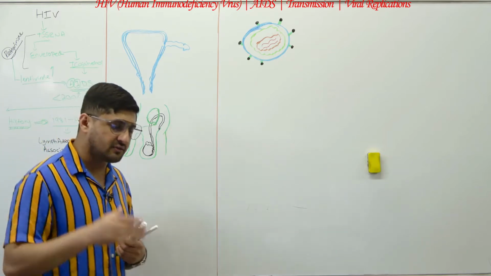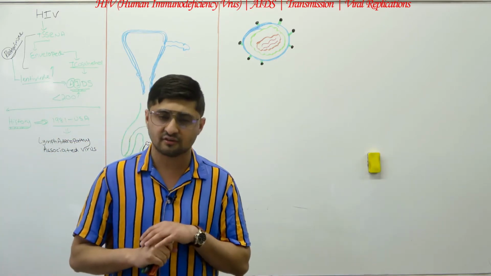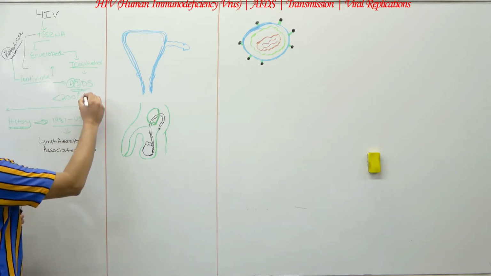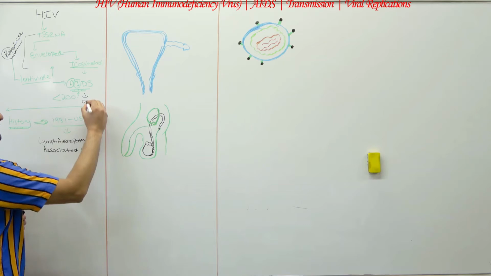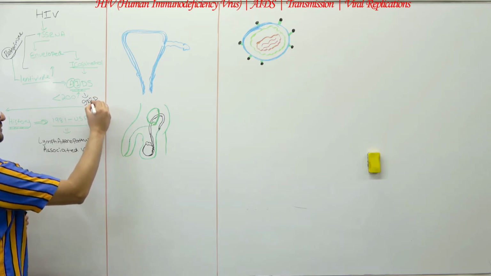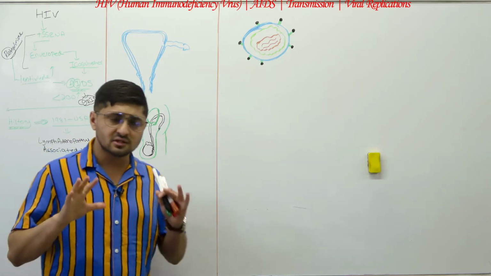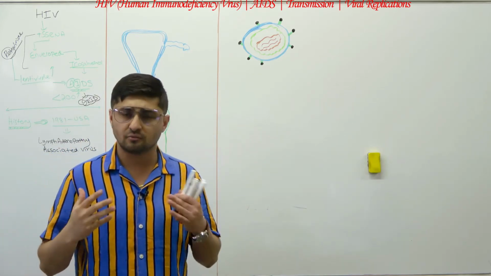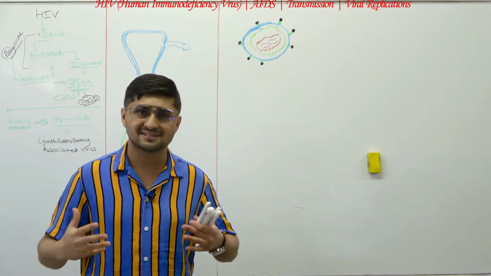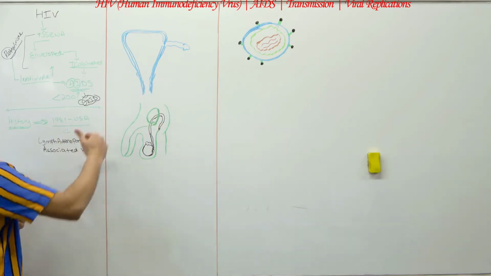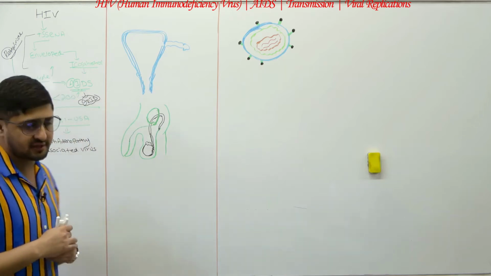And just a fun fact, even for AIDS, a different name was given during the 1980s. They used to call it gay-related immune disorder. But remember, it doesn't only infect homosexual males, it infects anyone. That's the reason the name was changed, and now we call it AIDS.